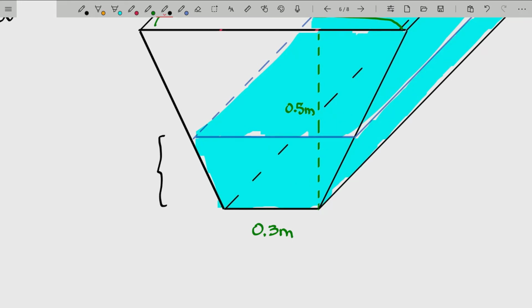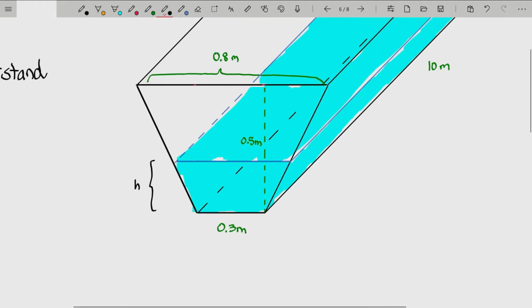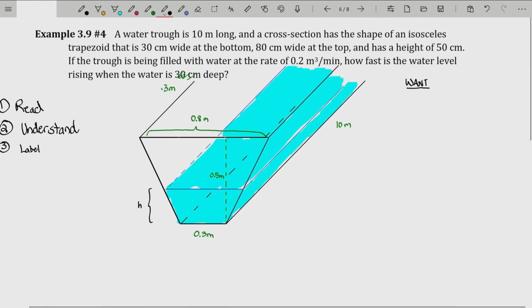Can I just use H? I'll use H. That's the height of the water. So I want dH/dt when H itself is 0.3 meters. Okay, that's what I want. Let's see what we were given.